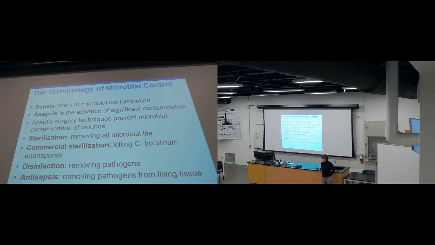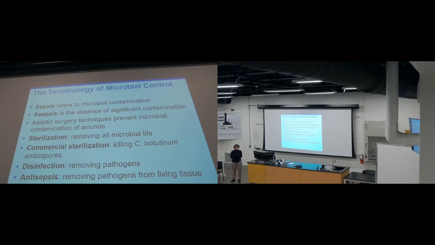You're familiar with this, you already practiced the aseptic technique in the lab. So an example of a clinical application is using aseptic surgery to prevent the contamination of internal organs. So in this case, doctors, and of course nurses and health personnel, can remove microbes from the skin.